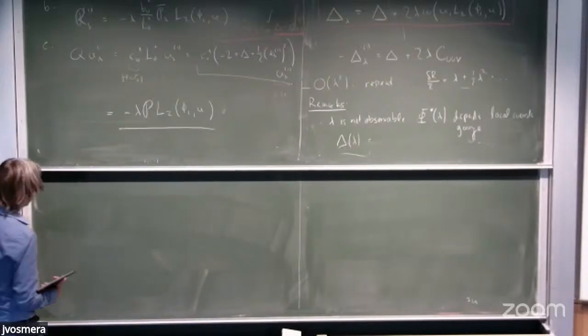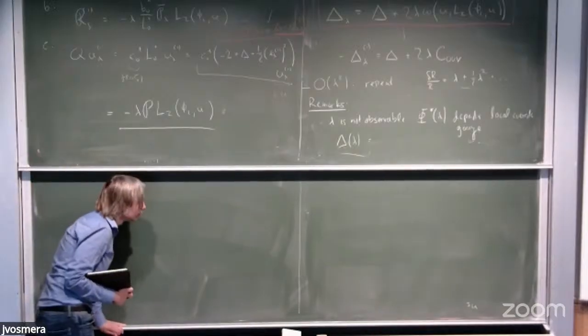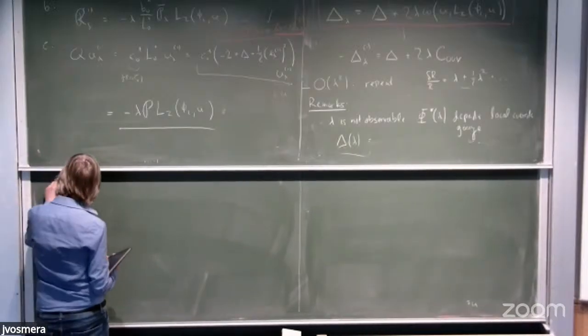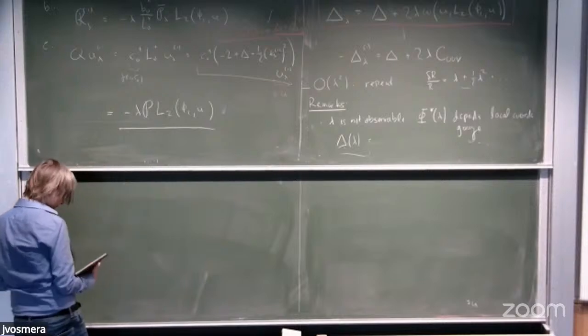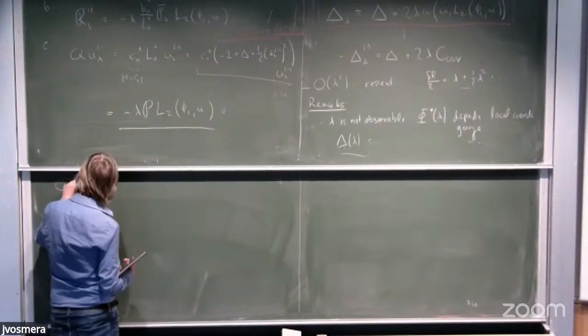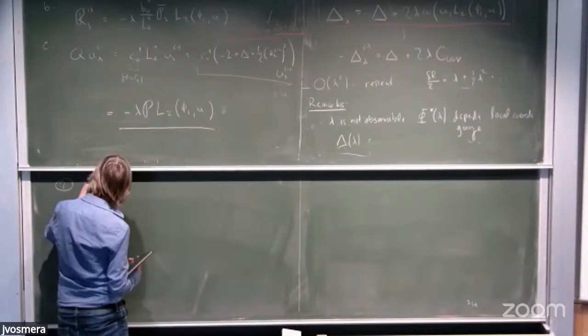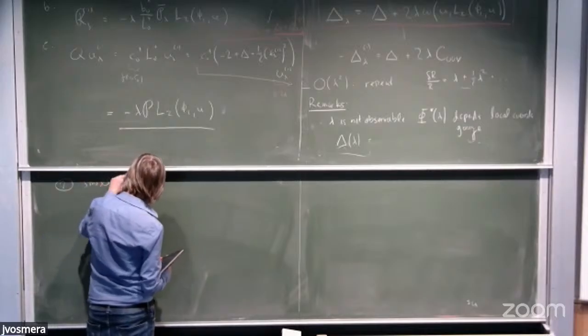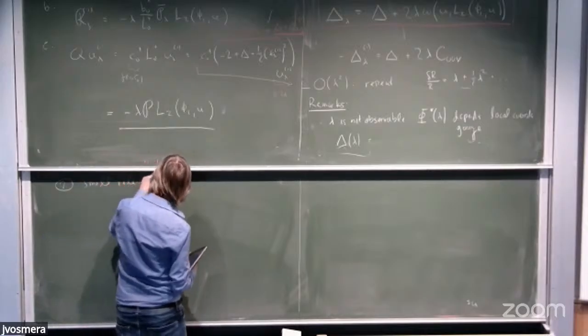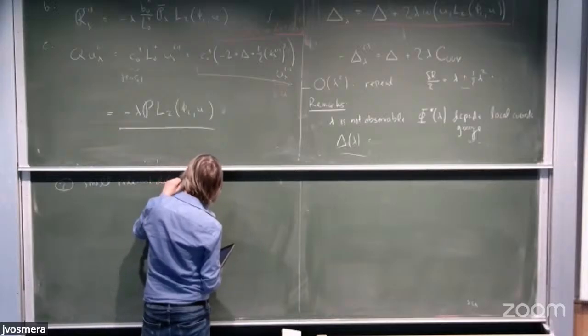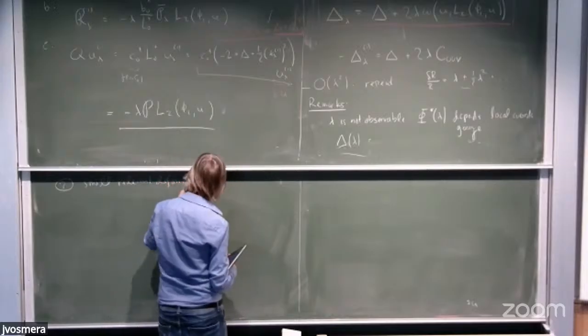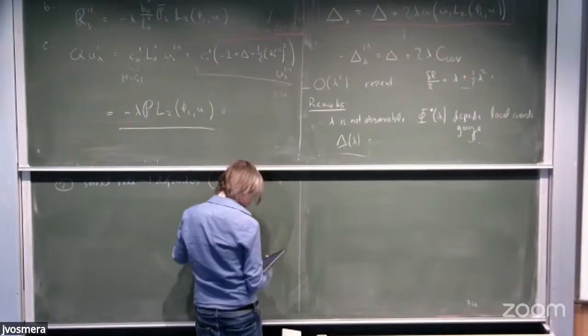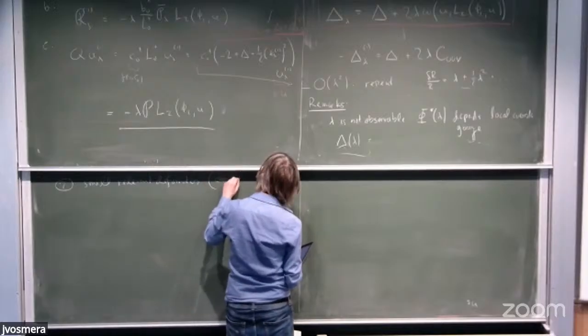So finally, let me consider solutions which are a little bit larger than marginal deformations in a certain sense, and these are small but relevant deformations, or I would also call them short RG flows.